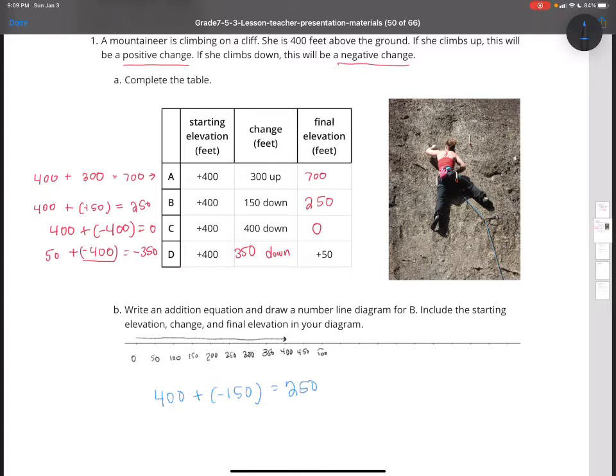Since it's a negative 150, I need to go back 150 units. And when I go back 150 units, I should land at 250. Now, I usually tell my students to circle where the last arrow lands so that you know what your answer is. But, whatever works for you guys, okay?